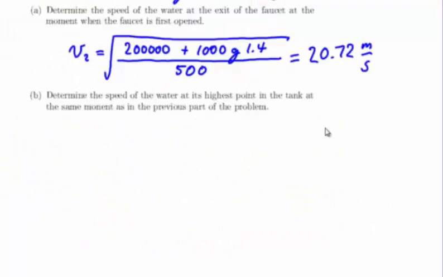Part B of this problem asks us to determine the speed of the water at its highest point in the tank at the same moment as in the previous problem. Students are frequently puzzled by this calculation, and so we're going to spend a moment explaining it. In part A of the problem, we used a velocity of 0 at location 1.